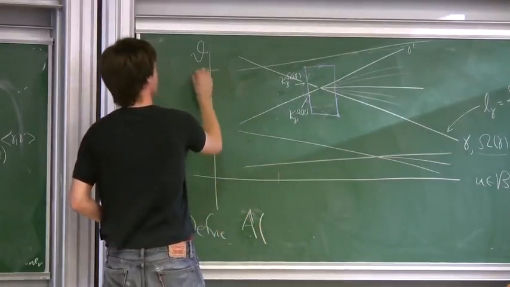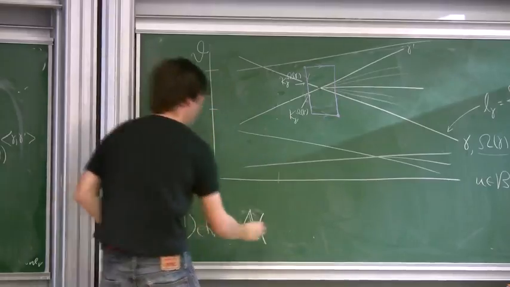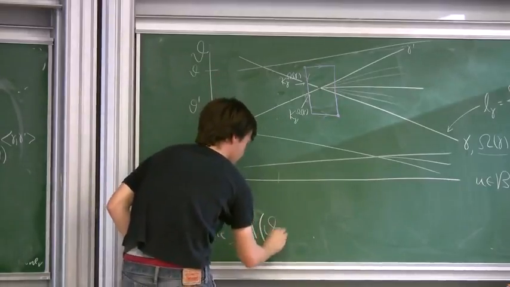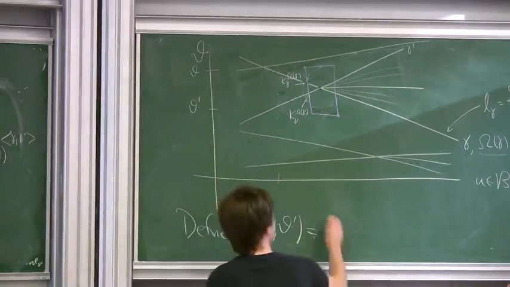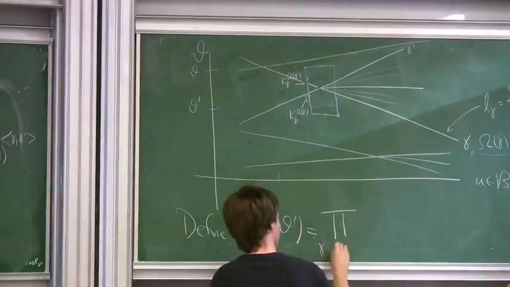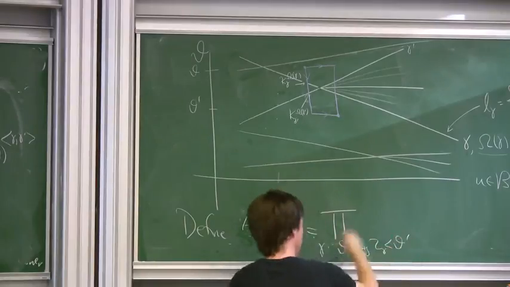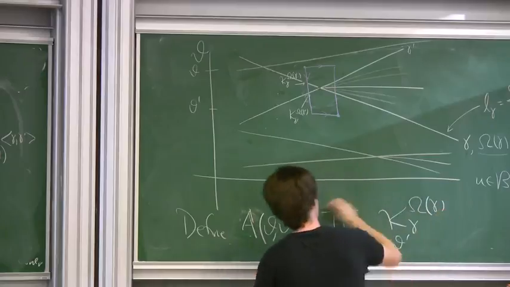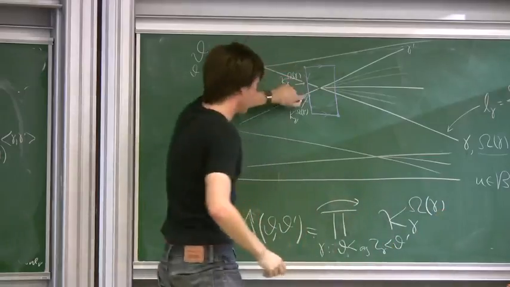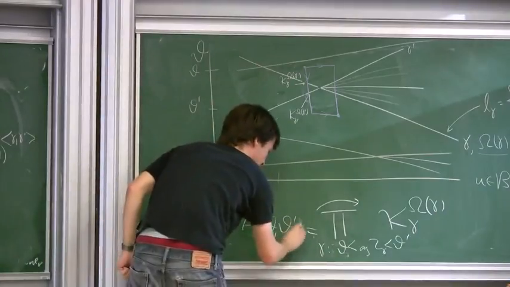So if I call this theta, and this theta prime, I could define A of this pair of phases, theta and theta prime, to be just the product over all gammas with argument of z gamma lying between theta and theta prime of k gamma to the omega gamma, taken in order of increasing phase. So this is A of theta, theta prime, and u.